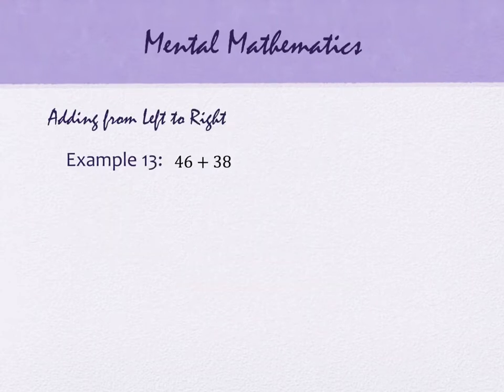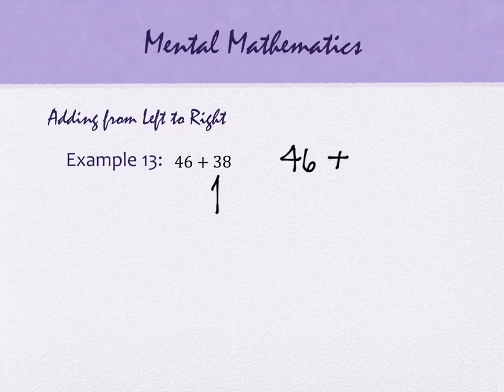Mental math, first off, we're doing an algorithm that's called adding from left to right. So here's the way that this algorithm works. You start with the first number, 46, and then you add the largest digit that we have, the 3's place value. So in this case, 3 would be 30. 46 plus 30, it's nice to add because I'm only really adding one of the two digits together, right?